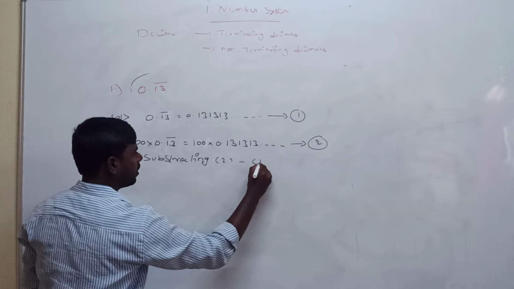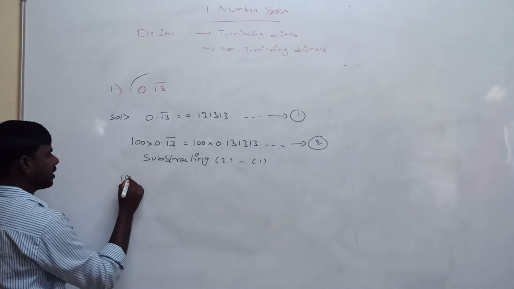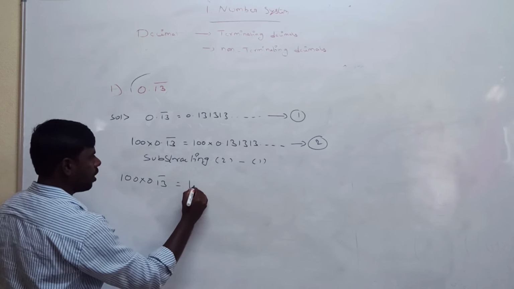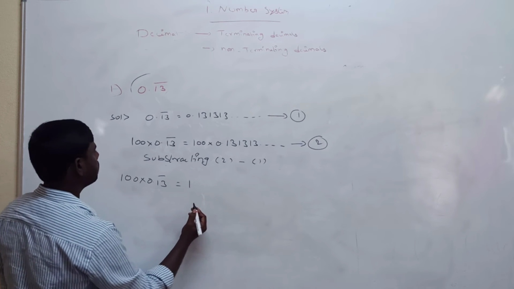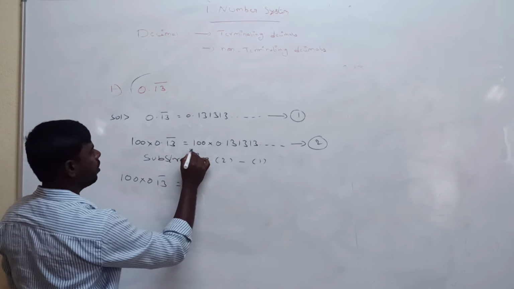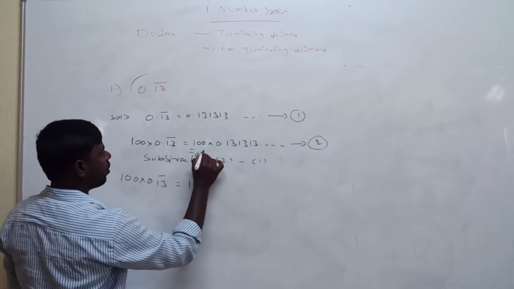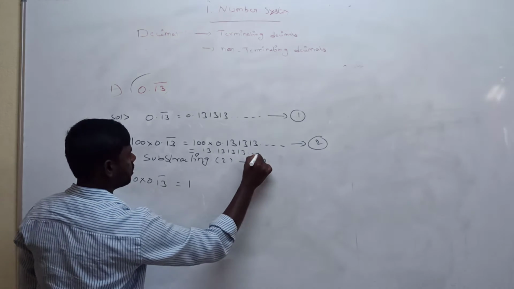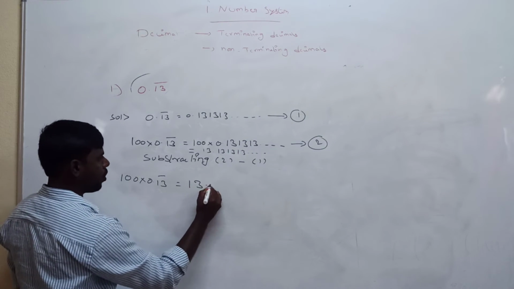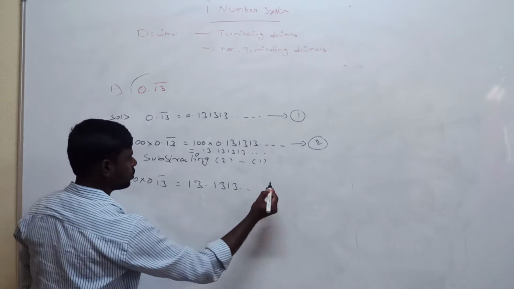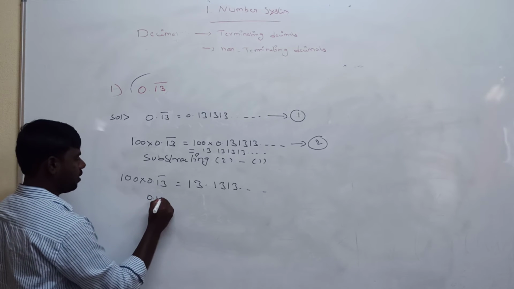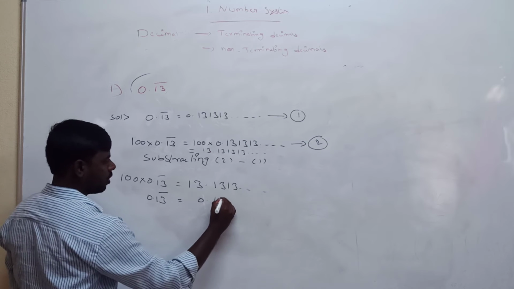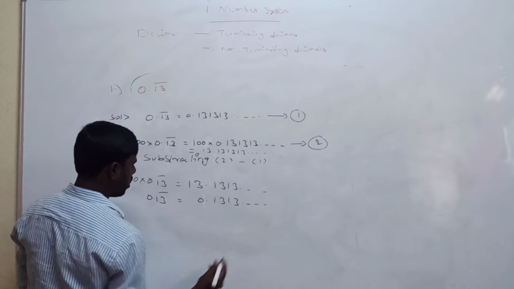So first we write equation 2: 100 into 0.13 bar is equal to 13.1313 and so on. Second value is 0.13 bar, from equation number 1, 0.1313 and so on.